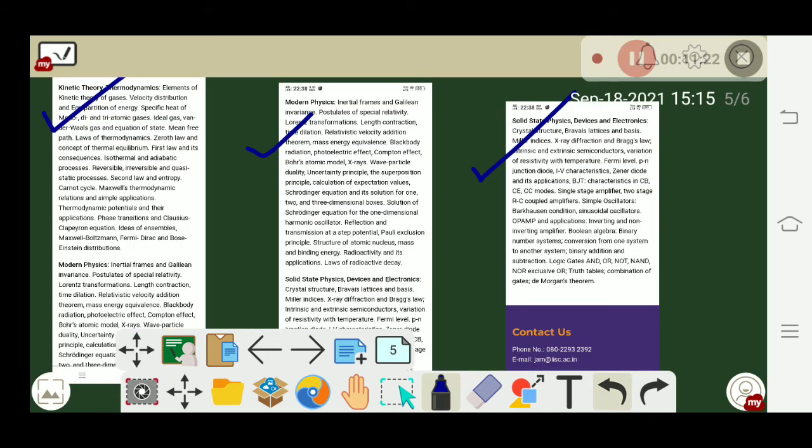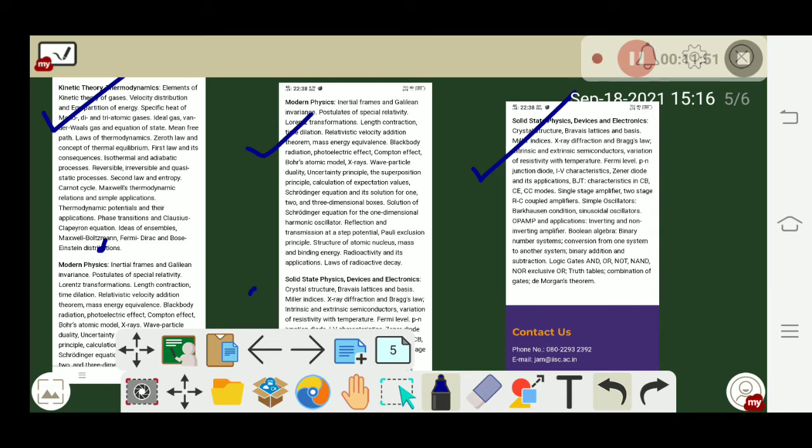Next portion, kinetic theory and thermodynamics. Entropy is very important from this part. Elements of kinetic theory of gases, velocity distribution and equipartition of energy. Many things are written. What they give is that some standard problems from degrees of freedom or specific heat may come.